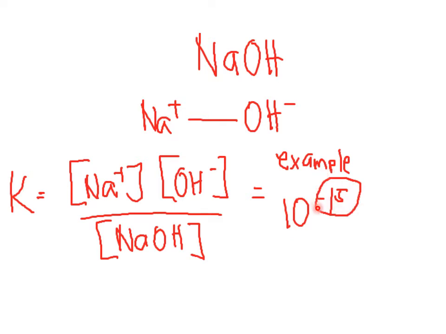So the negative 15 will be the basis of the dissociation constant. If it is negative 15, is this strong or weak? Of course, this is a weak base, because our basis is that the exponent should be less than 0 to be considered a weak substance.